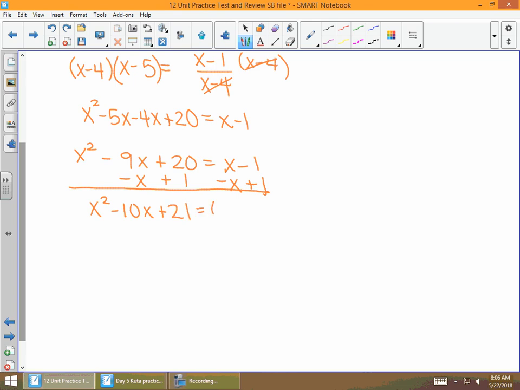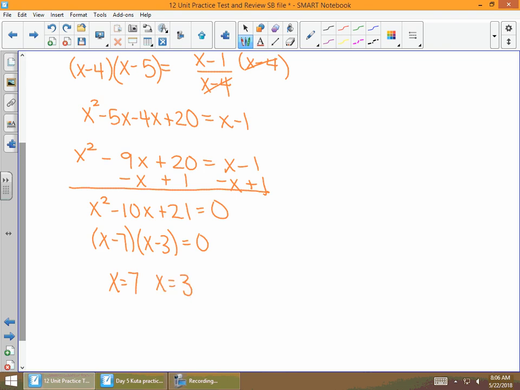And this ended up being another nice factoring problem. So two numbers that multiply to 21 and add to negative 10 are negative 7 and negative 3. That means x equals 7 and x equals 3.